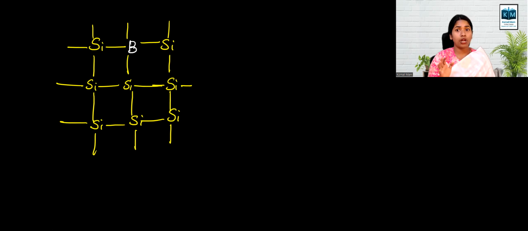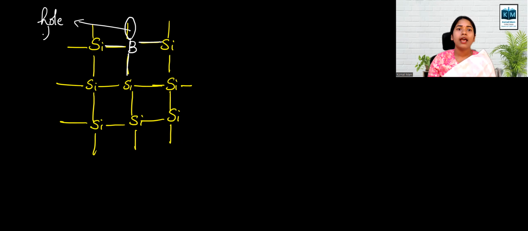It has only 3 electrons in the valency shell, so it can form only 3 bonds: 1, 2, 3. So this remains empty, because it does not have 4 electrons to form 4 bonds. This empty place we call a hole.